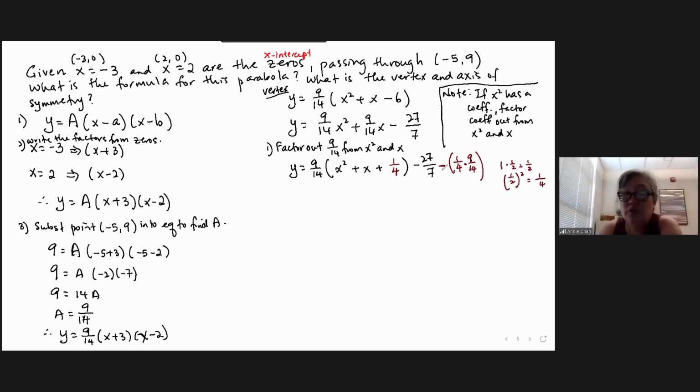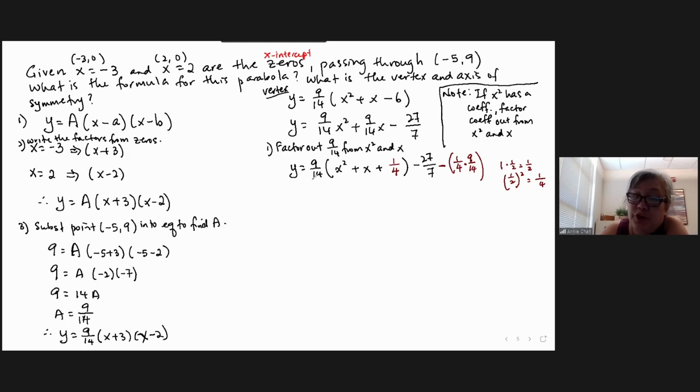Do you get that? If you factor something out, what you subtract must be multiplied back with whatever you factored out. Does that make sense? Because the original equation was 9/14 x squared plus 9/14 x.